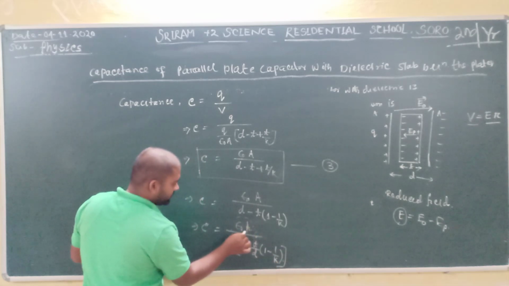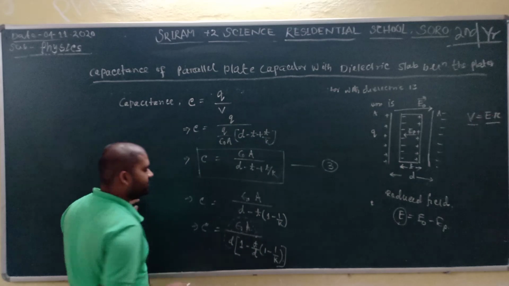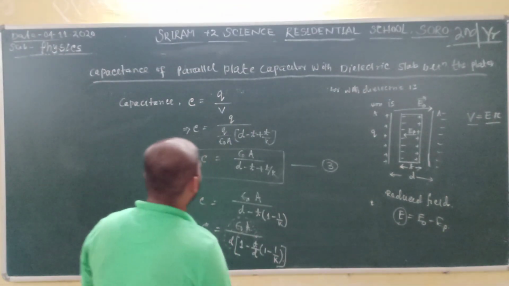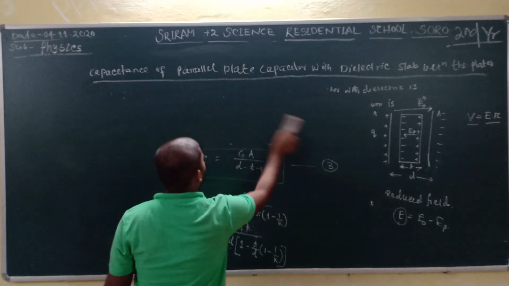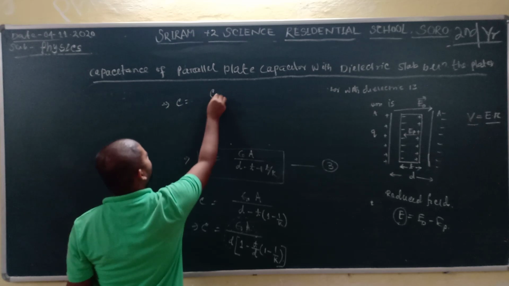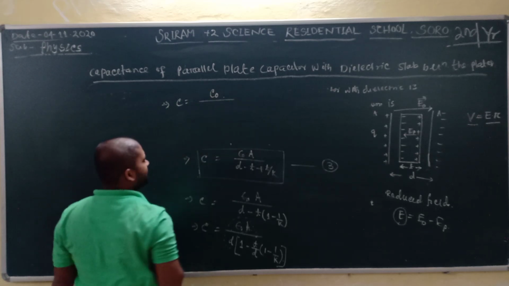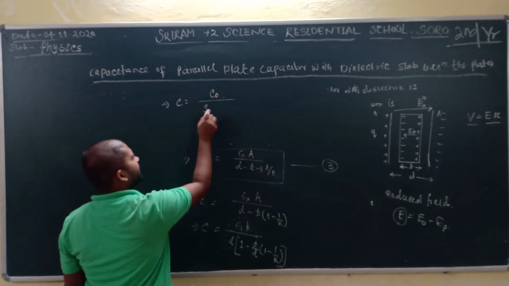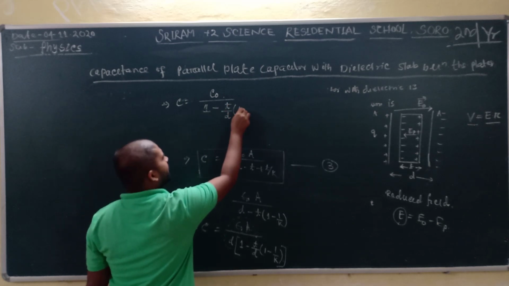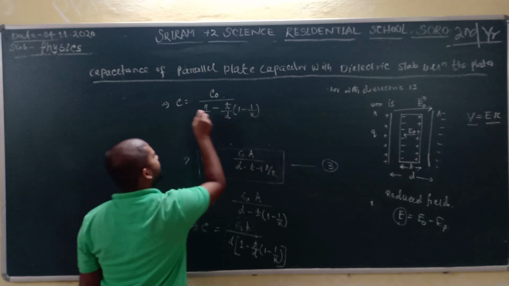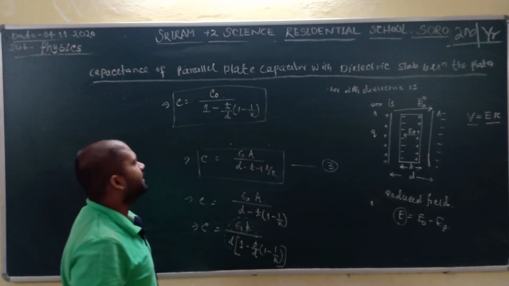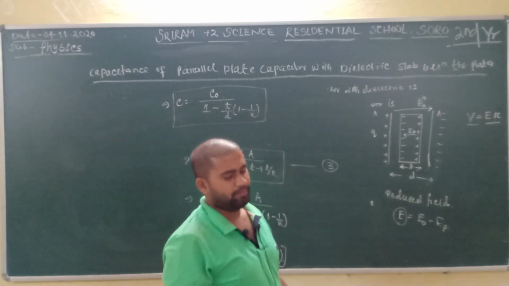And this value epsilon naught A by D is the electrical capacitance when the medium is air in between the plates. So this expression will reduce to C equals C naught from equation 1, C naught whole divided by 1 minus T by D whole into 1 minus 1 by K. So you can remember also this formula in terms of capacitance with air as a medium in between the plates.